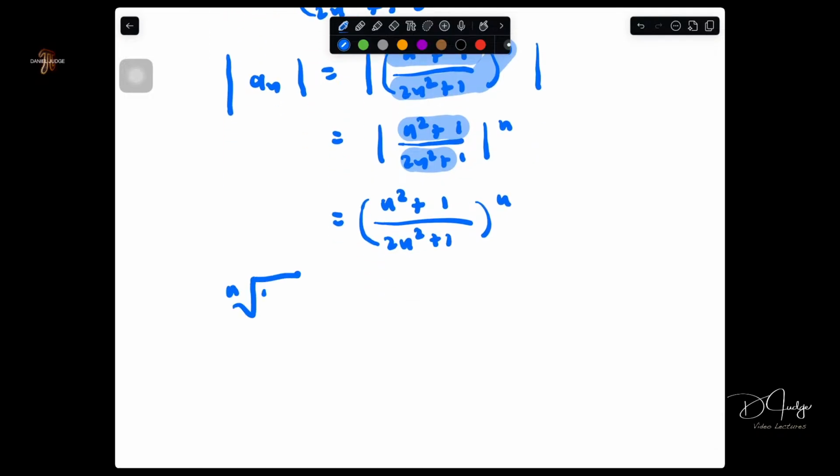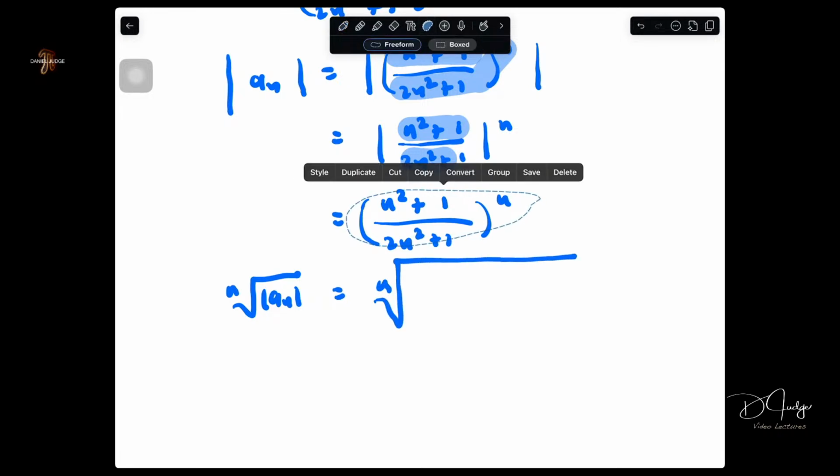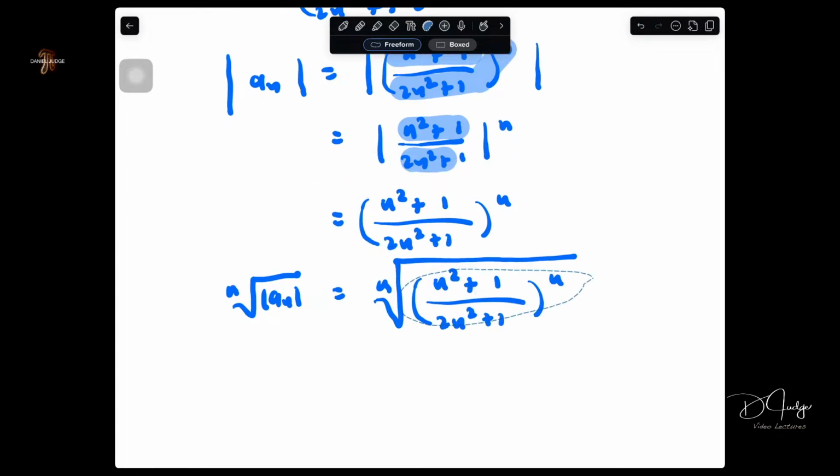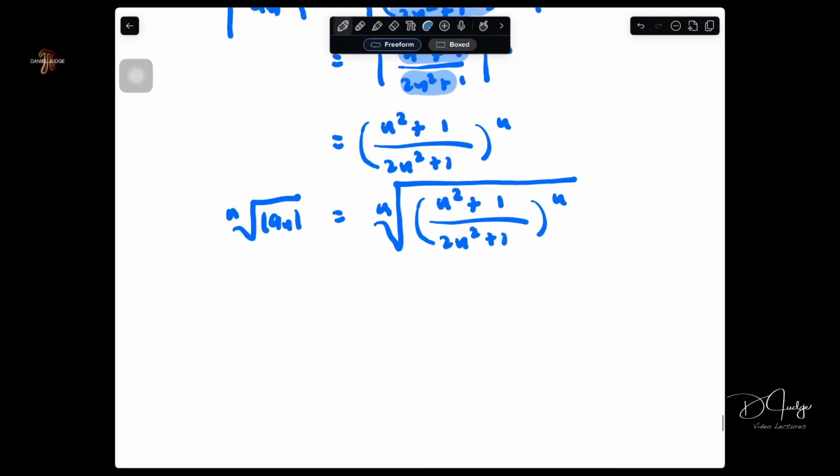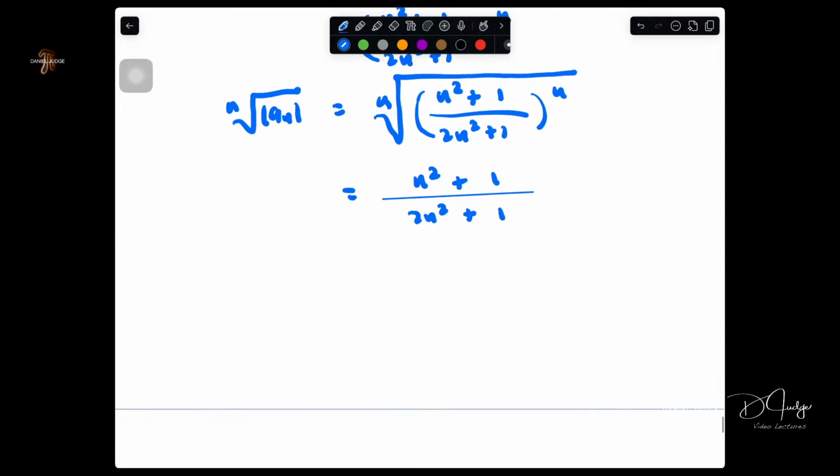Now, the nth root of the absolute value of an is the nth root of everything we just found right now, which gives you n squared plus 1 over 2n squared plus 1.